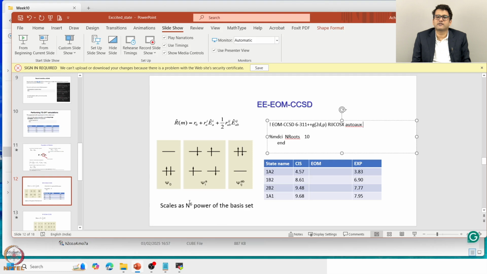Remember, because both ground and excited state scale as N to the power 6 of the basis set, these are actually quite expensive calculations, and unlike TDDFT, these results converge very slowly with respect to the experiment. So, EOM-CCSD calculation should only be done for very small systems, and if you are interested in super accurate numbers.